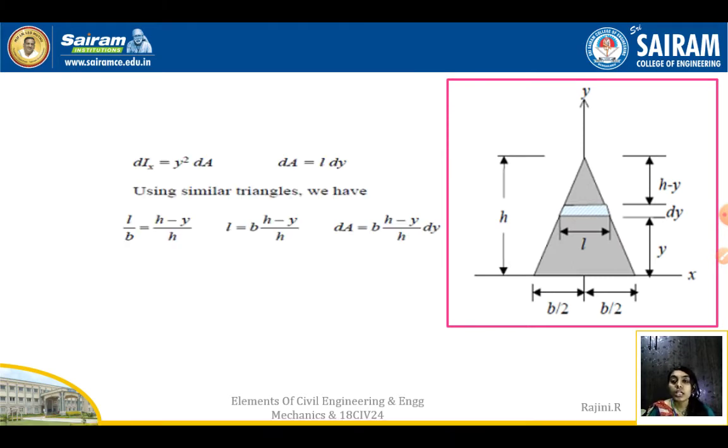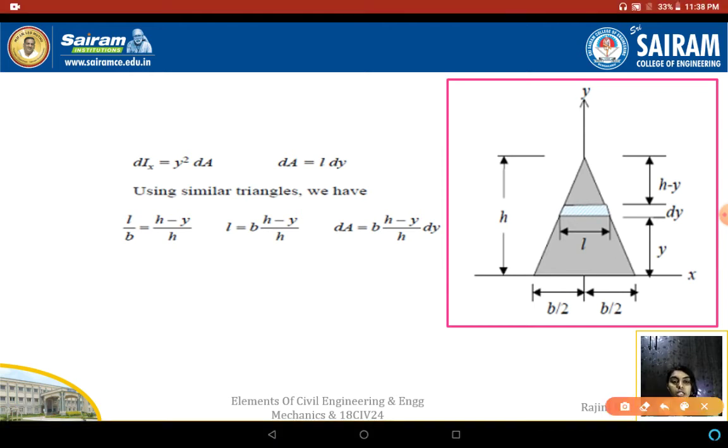Here dIx is equal to y square into dA. Using similar triangles, you can see this small triangle and the whole triangle, two triangles are there, so we take them as similar triangles.